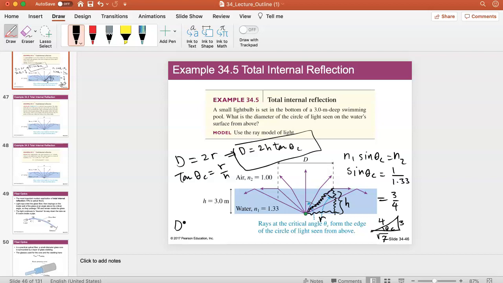So D should become 2 times 3 meters times 3 over square root 7. That's in meters. So 18 over square root 7 meters. All right.